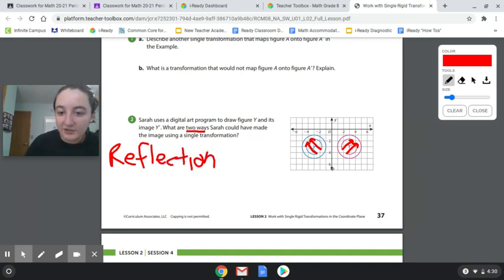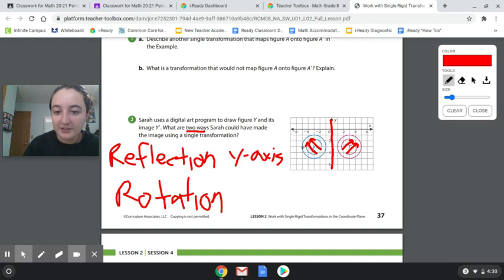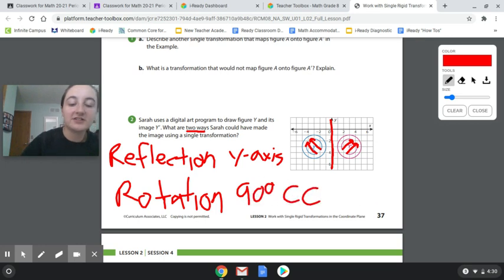And we can see it's a reflection along the y-axis. And it also must be a rotation. And since we are going from this quadrant over to this quadrant, that means we went 90 degrees counterclockwise. So CC for counterclockwise.